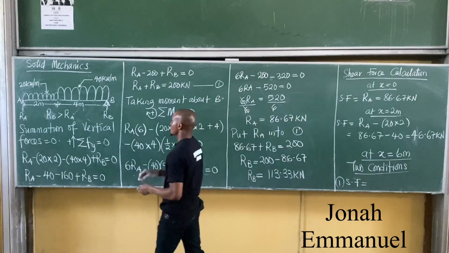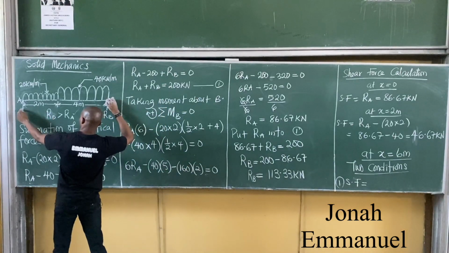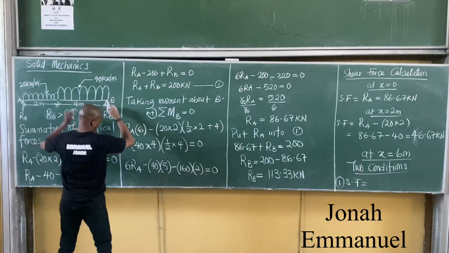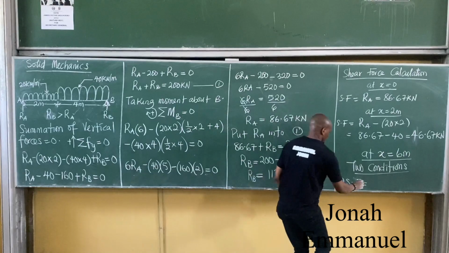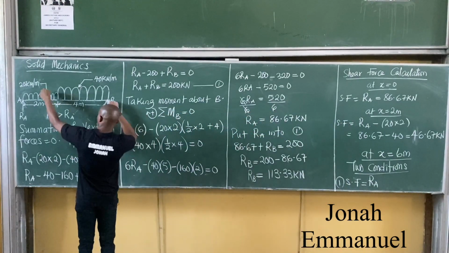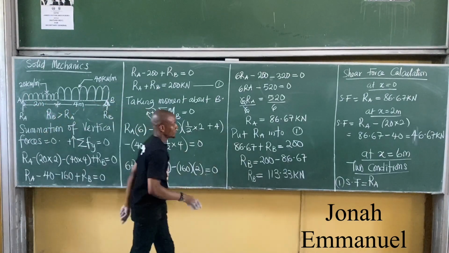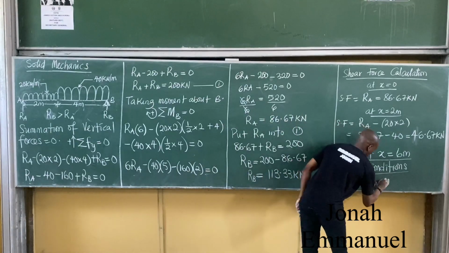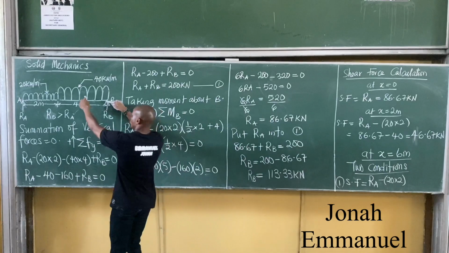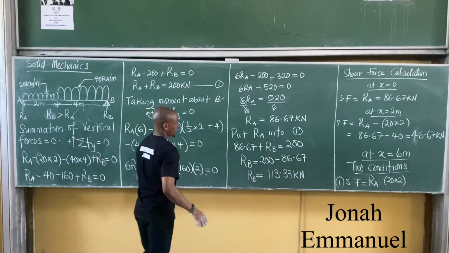Before this point, I have RA going up, this UDL coming down, convert to point load, minus 20 times 2. Next, this one also coming down, convert to point load, minus 40 times 4.